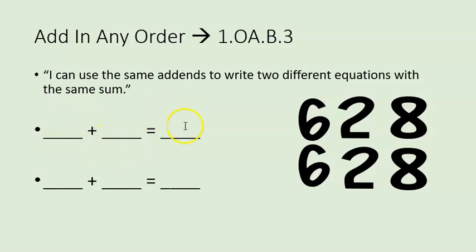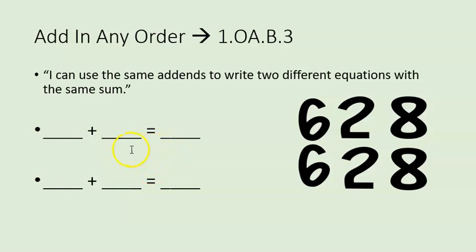We need numbers in here. As you can see, boys and girls, there's no pictures. We just have numbers right here that we're going to use, okay? Remember, we gotta have the same answers here. And these two numbers have got to be the same, but we switched them here.